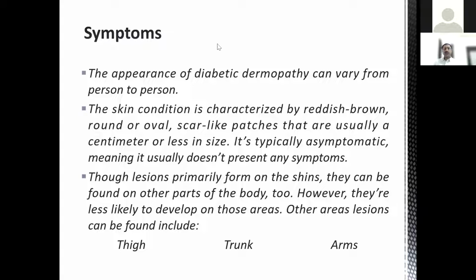The most common site is the shin. They are unpleasant to look at to the patient.